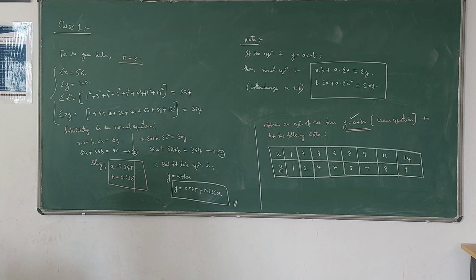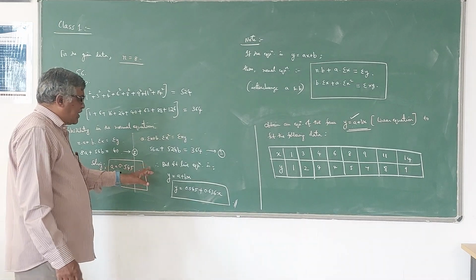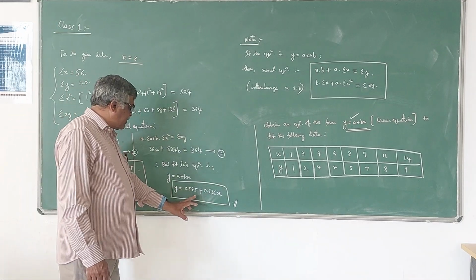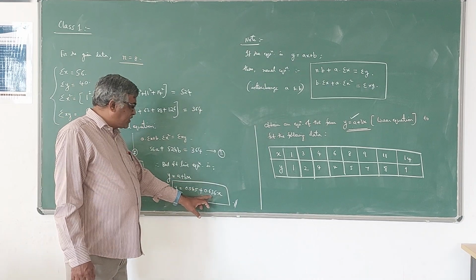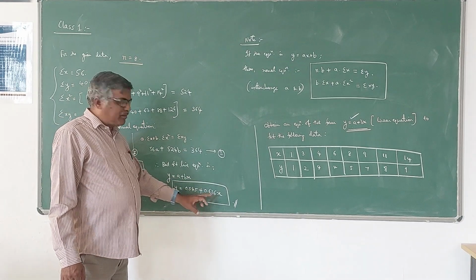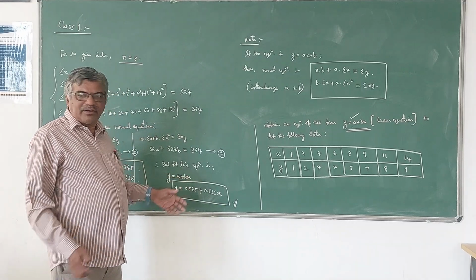So what happens in that case? The a value you are going to get is 0.636, and the b value you are going to get is 0.545. Same equation we are going to use.